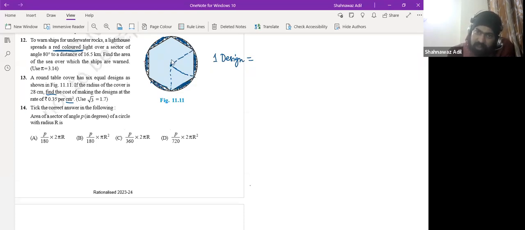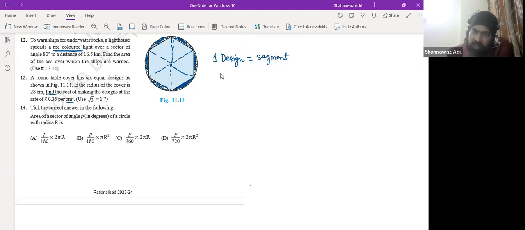Not a sector. No, like, see, you drew a line, right? So I'm talking about this one, the design. That one is a segment. Design is a segment.